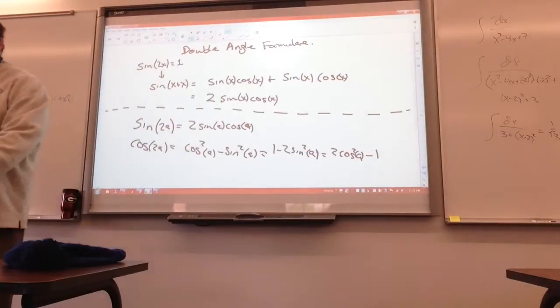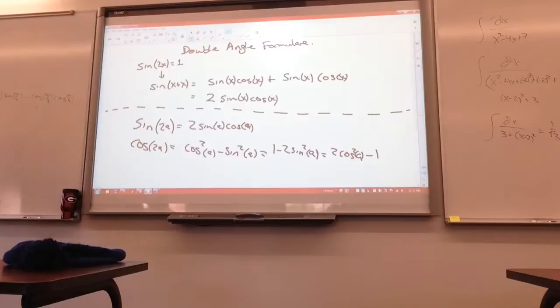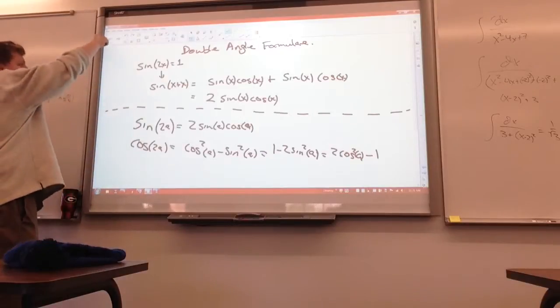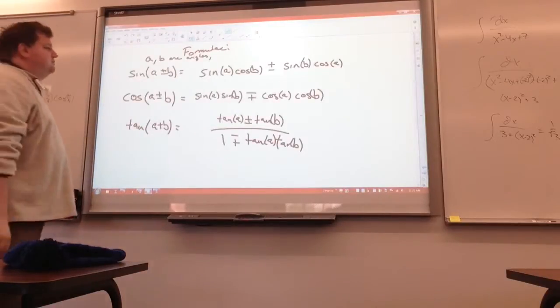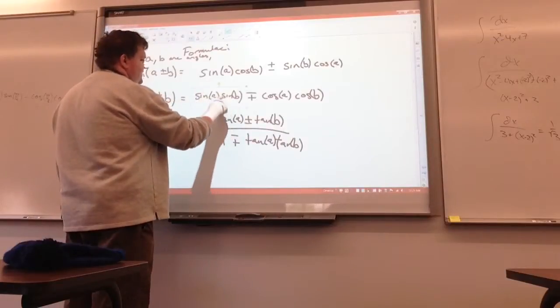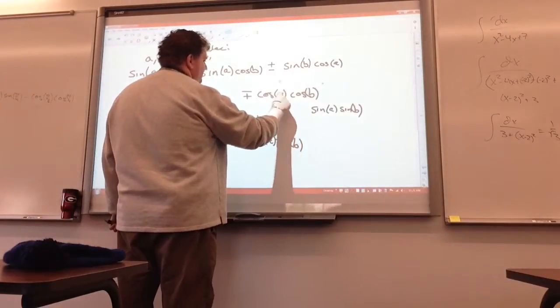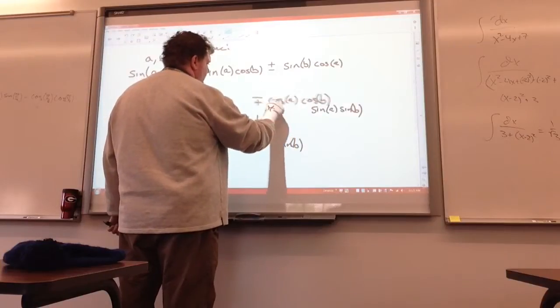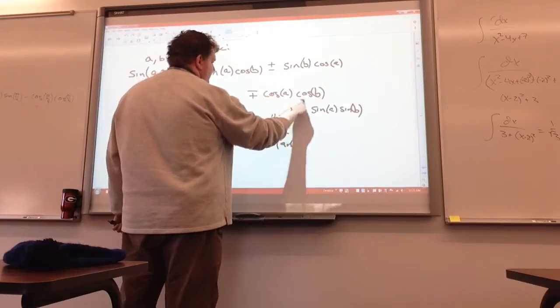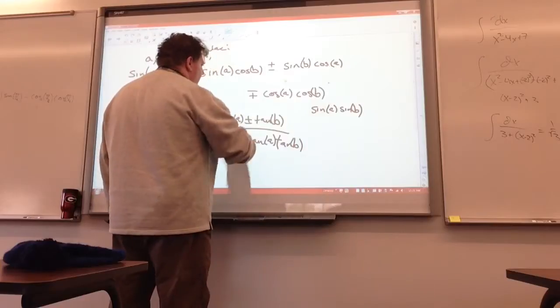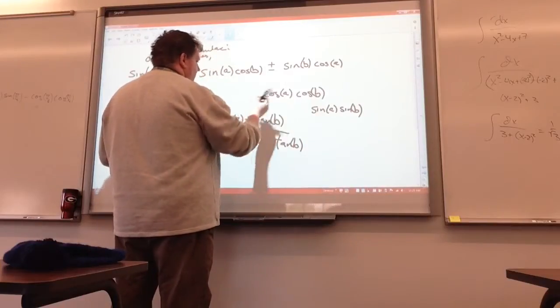Now, before I do the tangent of 2A, Mr. Dow goofed. This actually is flipped around. It does kind of make a bit of a difference. Not the whole thing, just this part.